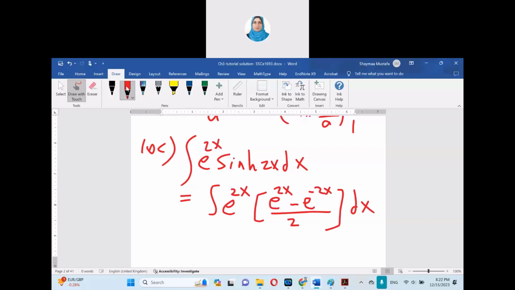Can we do like that or not? But here, I think that because they ask you to use tabular, you cannot use this one. But for integration, you can use the definition. This is an idea. But because in question 10C I think they force you to use tabular, right?